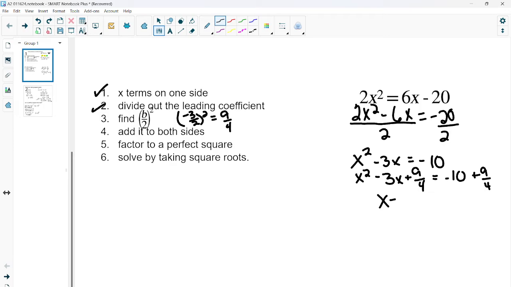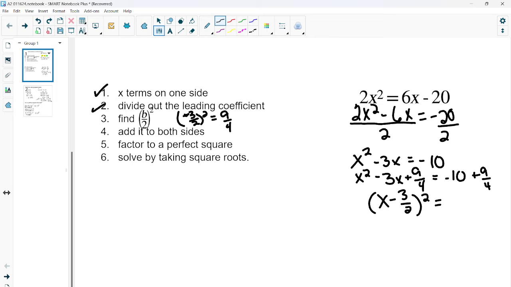Now, ignoring that negative right here, because we took care of that negative right here, we're going to use the 3/2, which is really just the square root of 9/4. So we have x minus 3/2 squared. We created a perfect square trinomial, just like we did in the example above. So we know that it's going to work if I FOIL it back out.